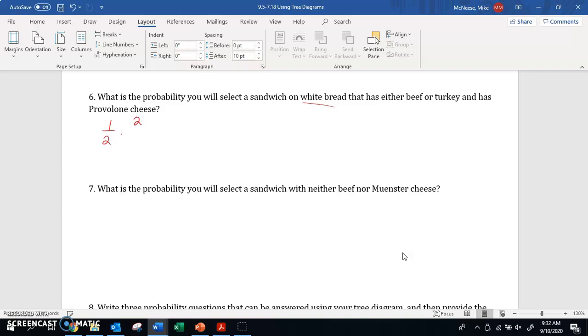So we can have two out of the three possible meats. And then it has to have provolone cheese. So we're just narrowed down to one out of the four possible cheeses. So 1 times 2 times 1 gives us 2. 2 times 3 times 4 gives us 24, which is going to be 0.083 or 8.3%.